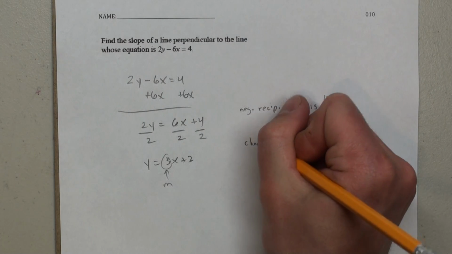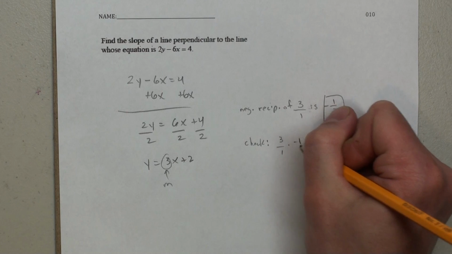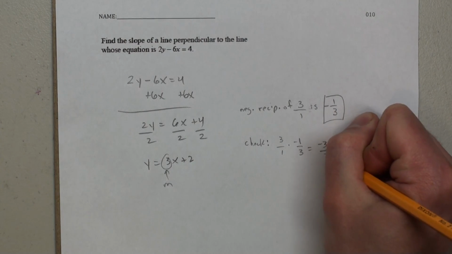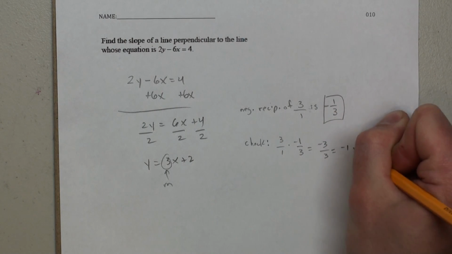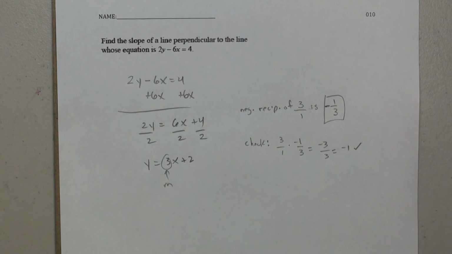We can check by doing 3 over 1 times negative 1 over 3, and it's negative 3 over 3, and that's negative 1. So I've boxed off my answer here, negative 1/3.